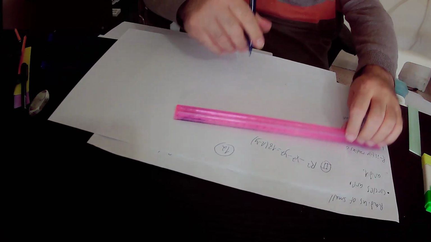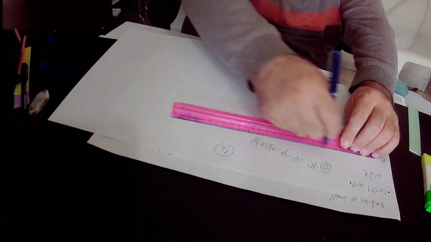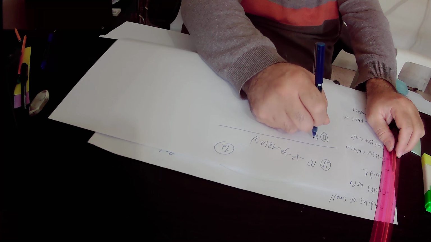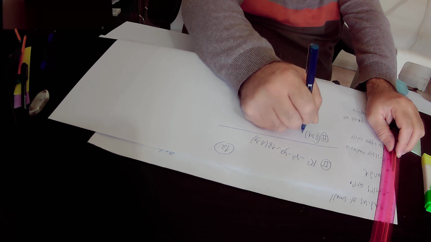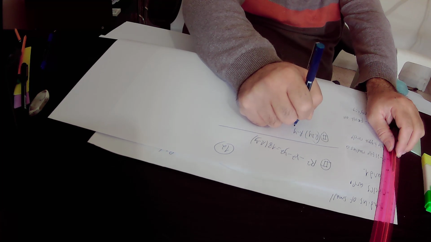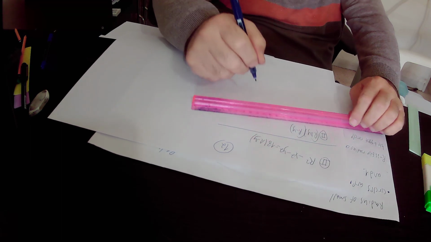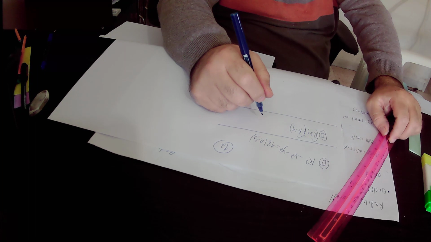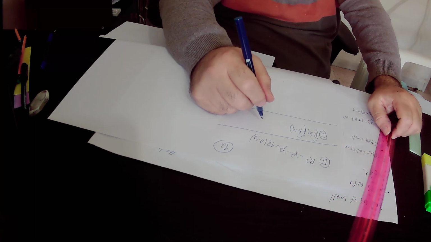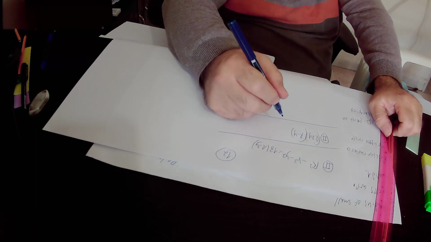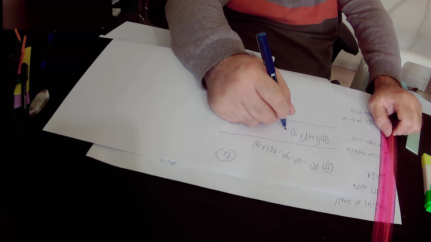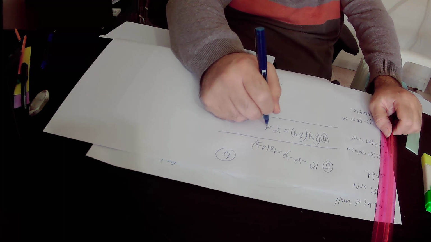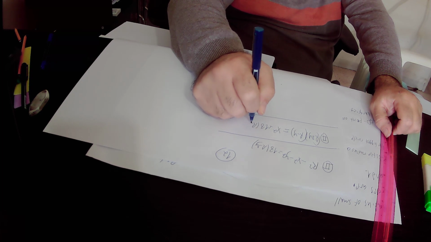But we know that r square minus y square is equal to r plus y times r minus y, according to the algebraic identity that a square minus b square equals a plus b times a minus b, equals x squared plus 18 times r minus y.